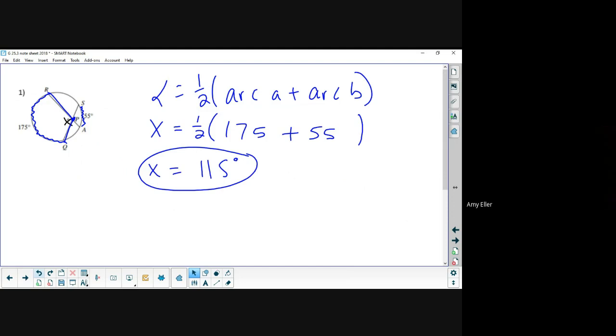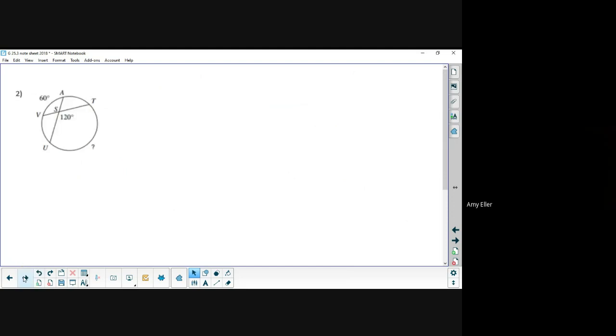All right, let's look at number 2. You can ignore the S. Where there's a question mark, put an X. Just ignore the S. We don't need to find S. Is X my angle? No, X is not an angle. Look where X is.